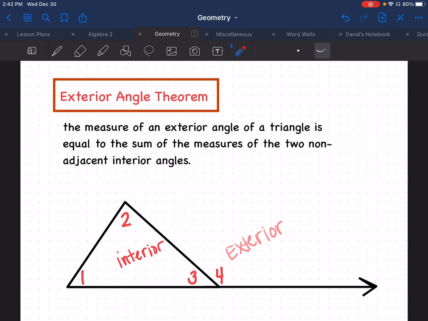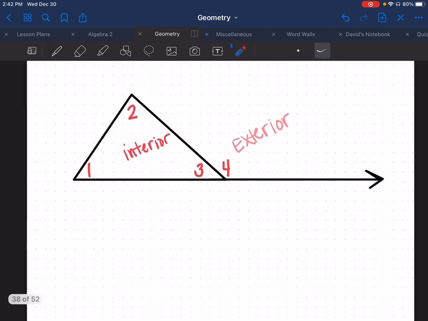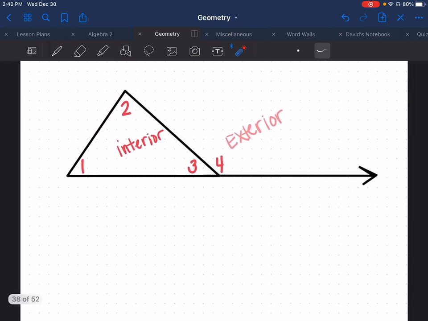All right. Now, I'm going to go ahead and derive this theorem that says the exterior angle is equal to the sum of the measures of the two non-adjacent interior angles. That's kind of a little tricky. So let's take a look at our exterior angle, angle 4, and compare it to angle 3. These two angles together create this straight line, which I know is 180 degrees.